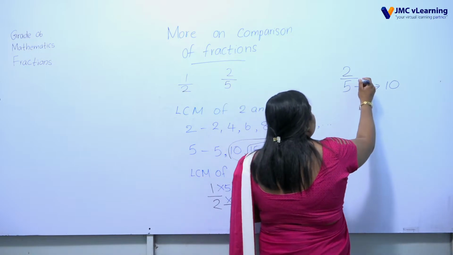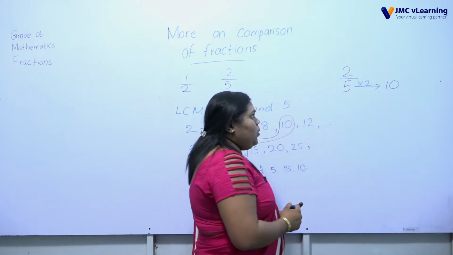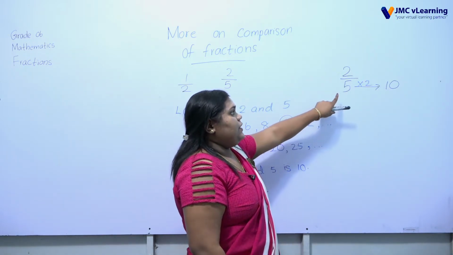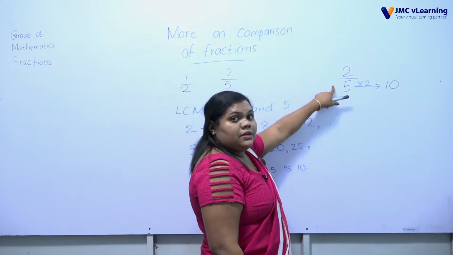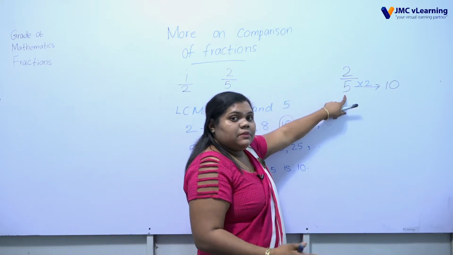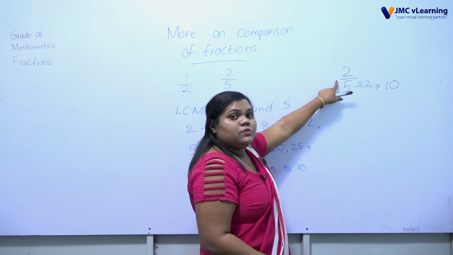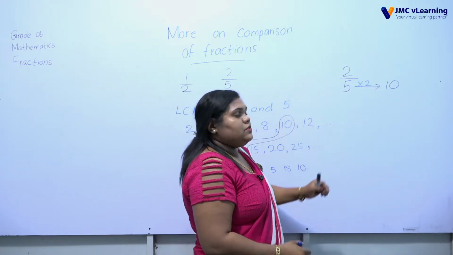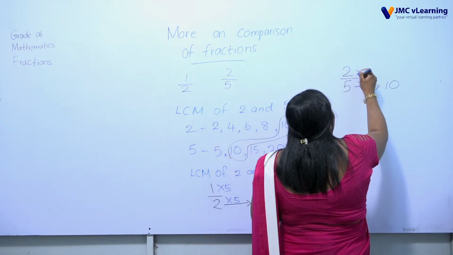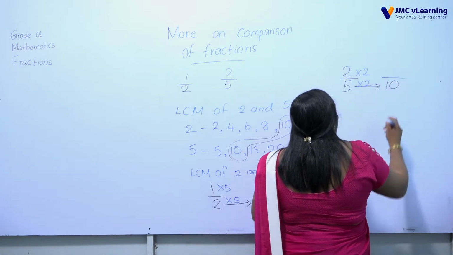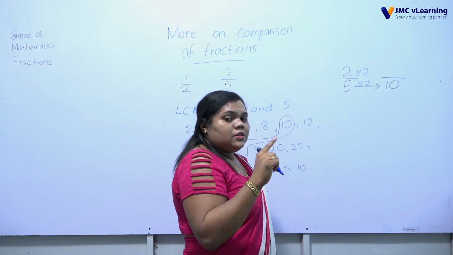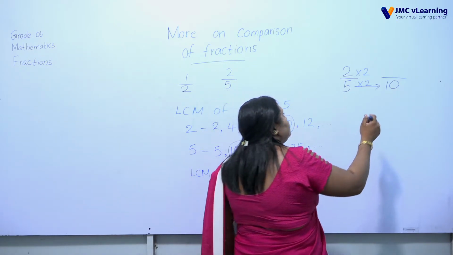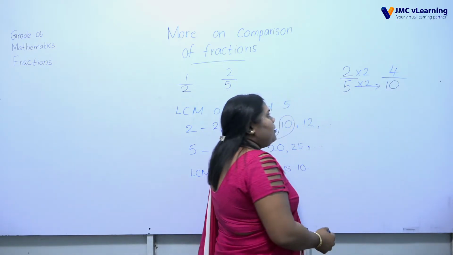If we do something to the denominator, the numerator also needs the same thing. It means this numerator also needs to be multiplied by 2. So, 2 times 2, 4.